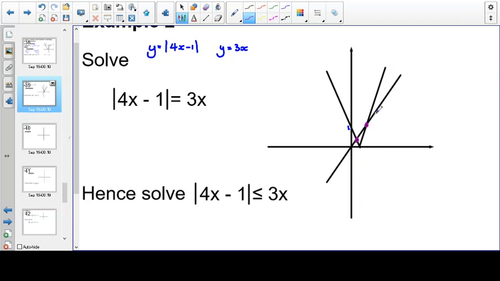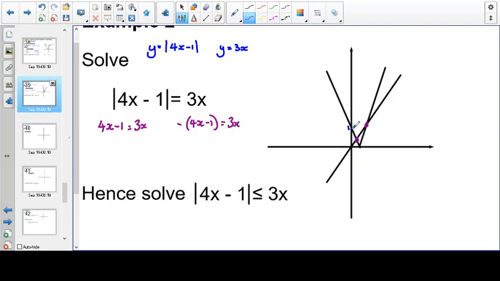Okay, this bit is positive 4x minus 1. That's equal to 3x. And this one is negative 4x minus 1 equal to 3x.